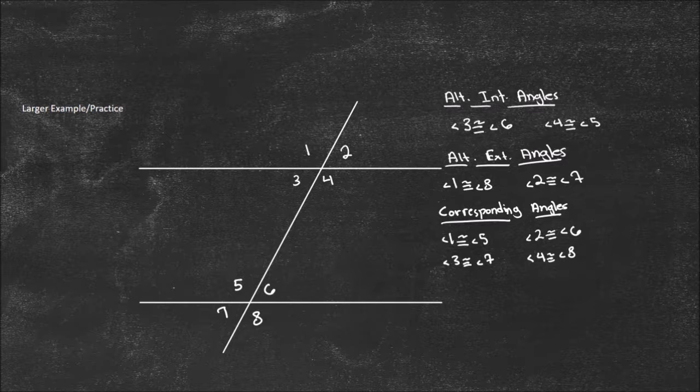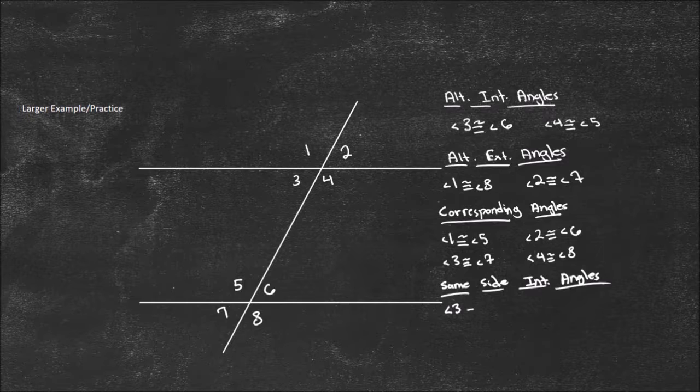So lastly, the one is same side interior angles. And the rule for this one, remember, is not that they are congruent, it's that they add up to 180. So first let's think again, we're dealing with interior angles. Which ones are our interiors? They are 3, 4, 5, and 6. And if we want same side interior angles, we're going to have measure of angle 3 plus measure of angle 5.